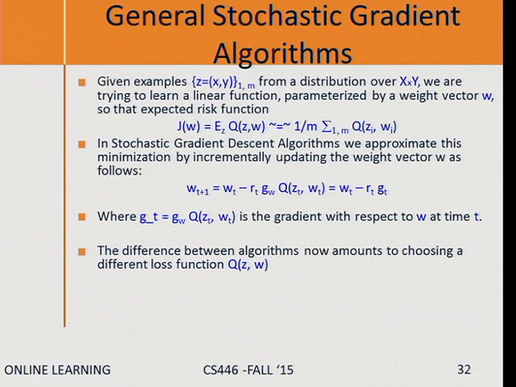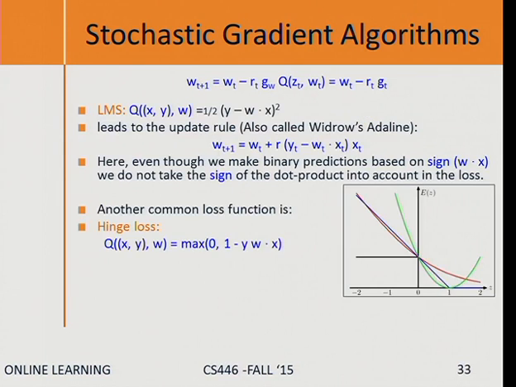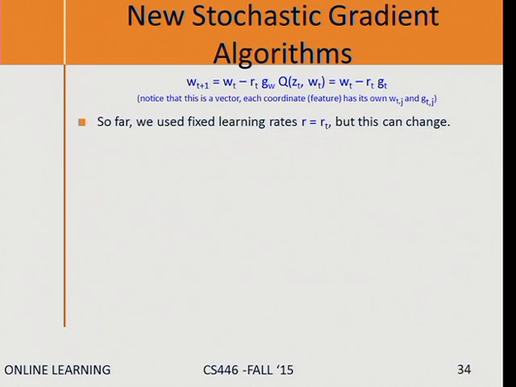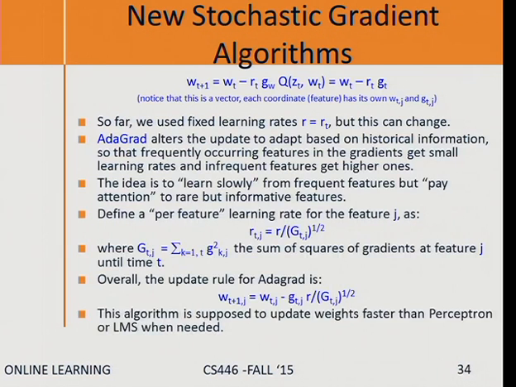And at the end, we talked about a general perspective of how we can place these linear learning algorithms in a more general context as stochastic gradient descent algorithms. This allows us also to extend and add another family of algorithms that we called Adagrad.